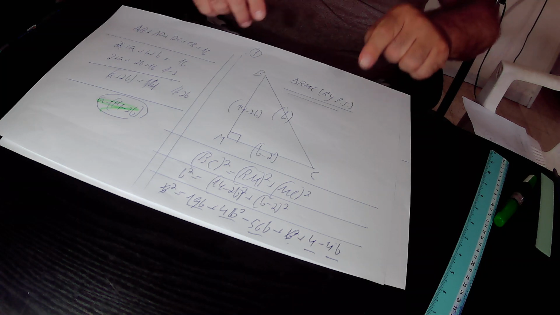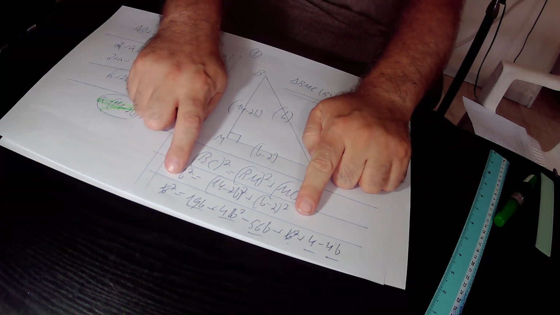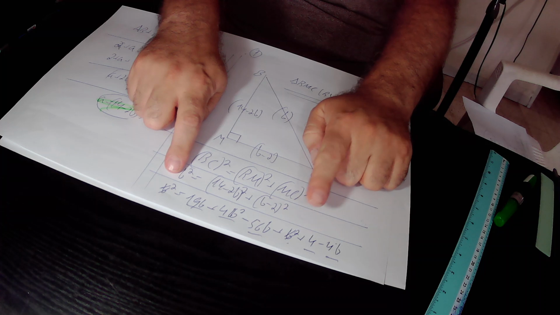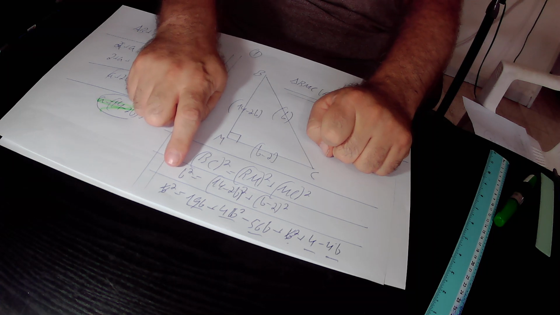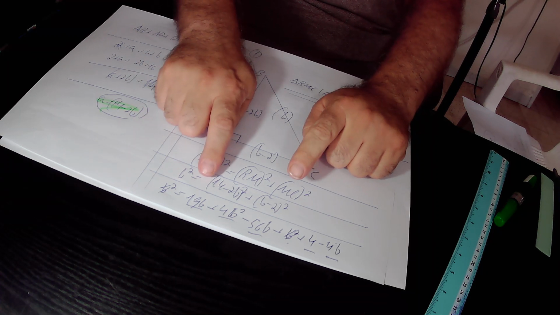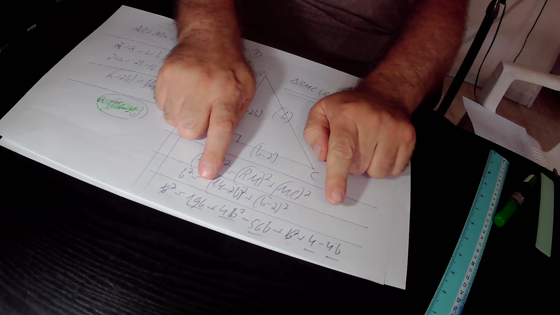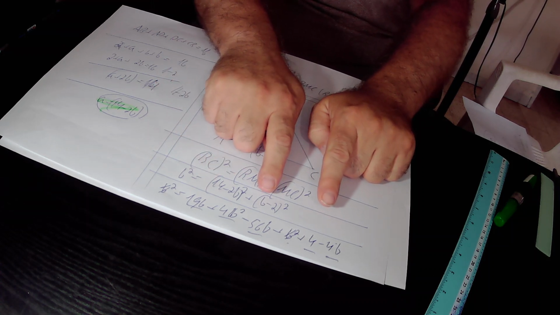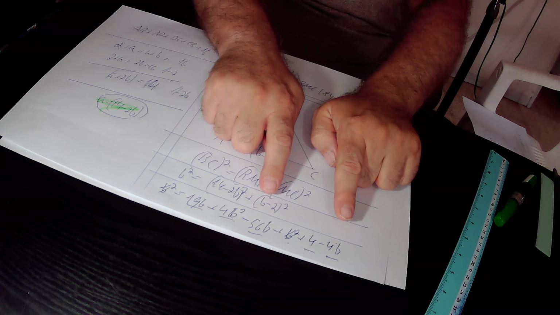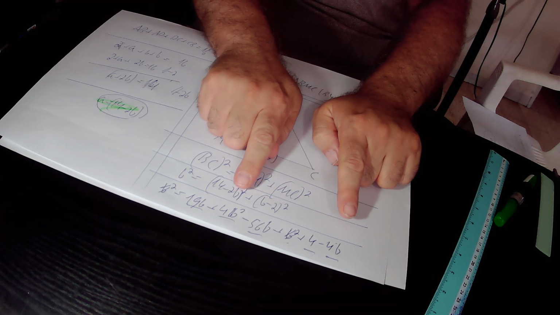So here we have B squared on both sides of this equation, so B squared gets cancelled. After cancelling B squared, on this side of the equation we are left with 0, while on the other side we have 196 plus 4, which is 200, and minus 56B minus 4B, which is minus 60B, and we also have 4B squared.